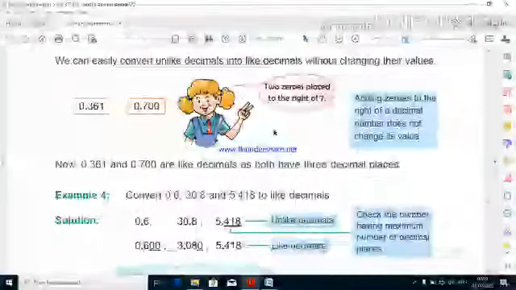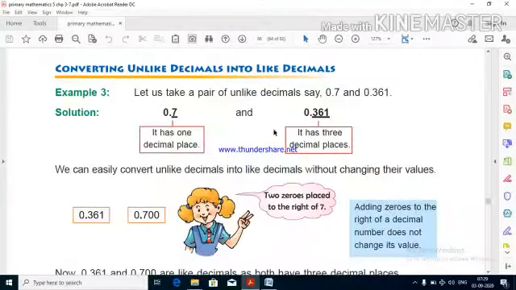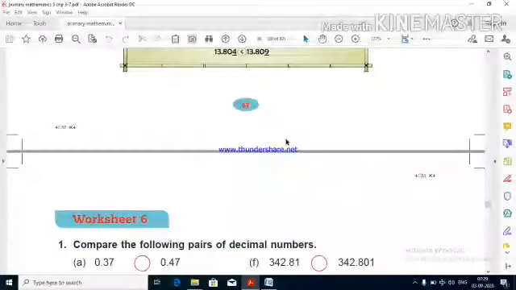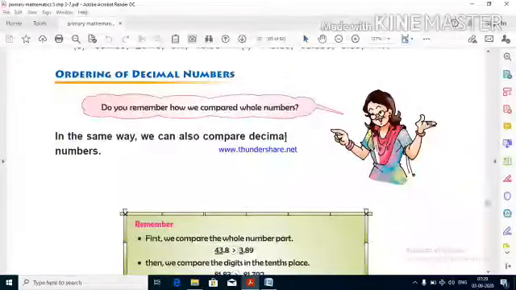In worksheet 6, we come to know how to order decimal numbers.